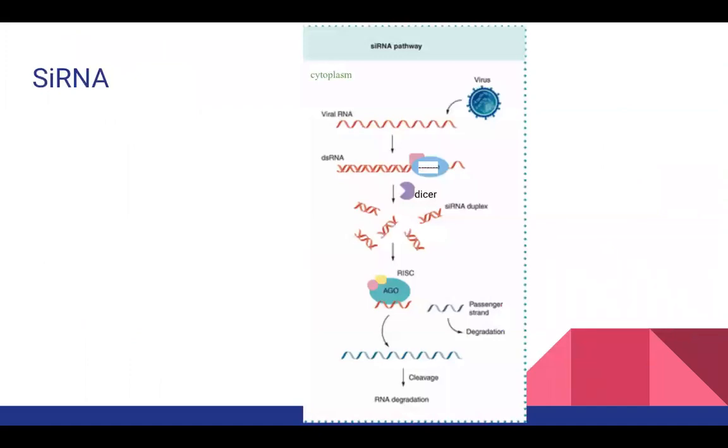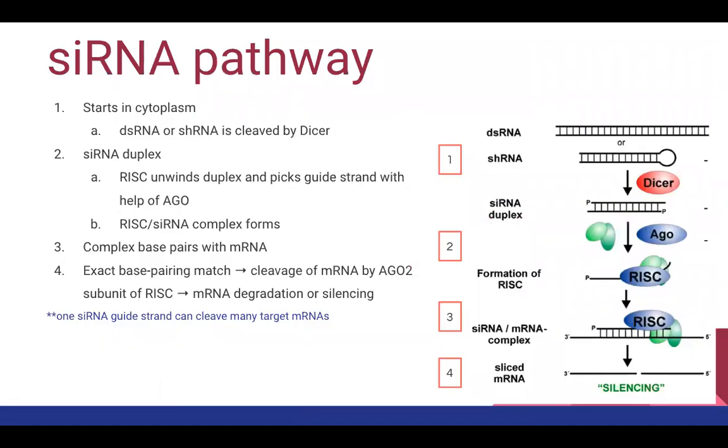And then siRNA, there's a better diagram on the side, honestly. So for siRNA, this pathway is pretty similar, but it's got some differences as well. It also starts in the cytoplasm with double-stranded RNA or shRNA, and it's cleaved by Dicer.